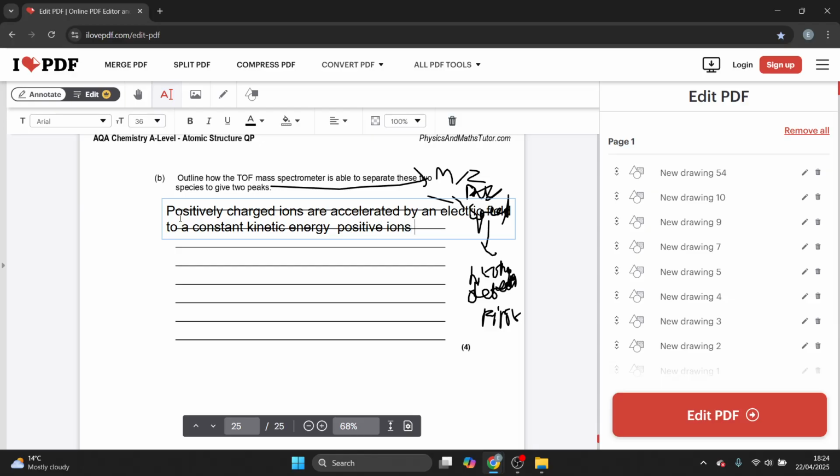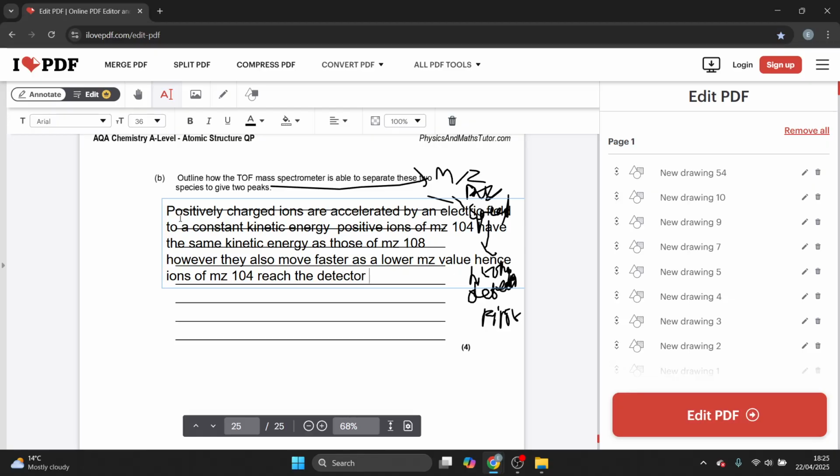Positive ions of m/z 104 have the same kinetic energy as those of m/z 108. However, they also move faster as they have a lower m/z value, hence ions of m/z 104 reach the detector first.